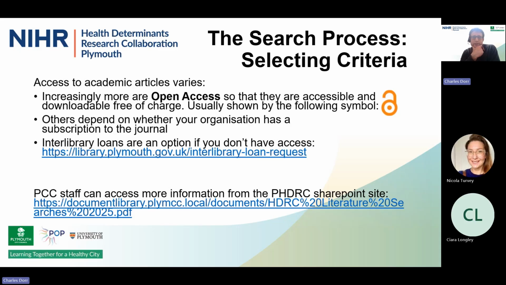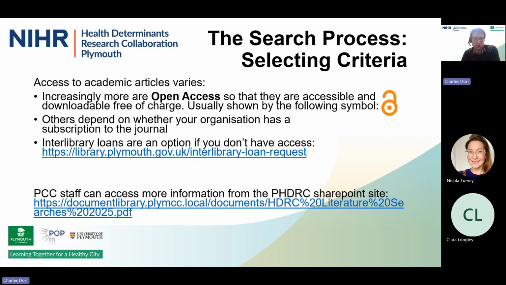But for many articles, they still will be behind paywalls, and that's where it can be a bit of a challenge. If you've got an HDRC, as we have, we'd recommend you speak to representatives from that, because the HDRCs are partnerships with universities, and universities like the University of Plymouth will have subscriptions to a lot of journals, and so are much more likely to be able to get those articles that are behind paywalls for free.